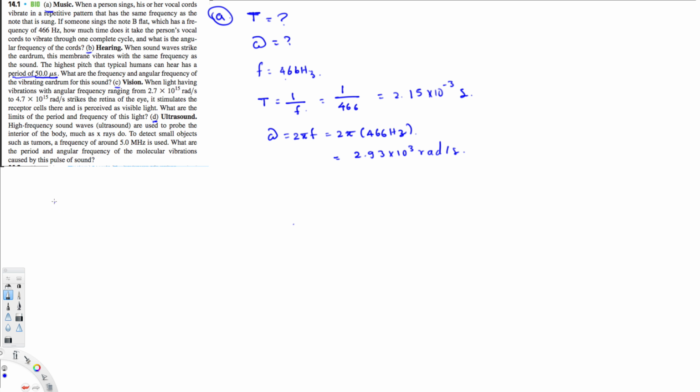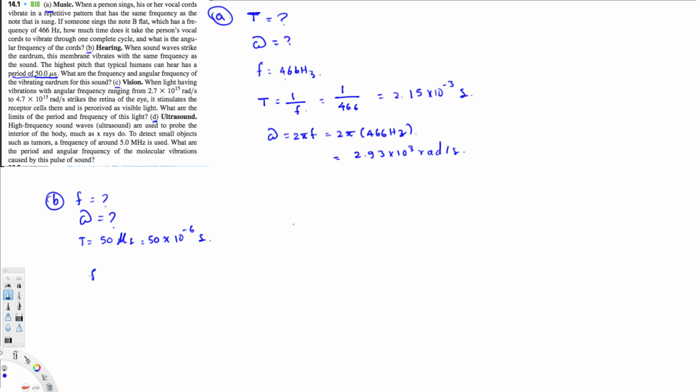So they are asking for f and omega, the frequency and the angular frequency. They have provided the period, that is 50 microseconds. You can also say 50 times 10 to the power of minus 6 second. And from this one we have to find the f.